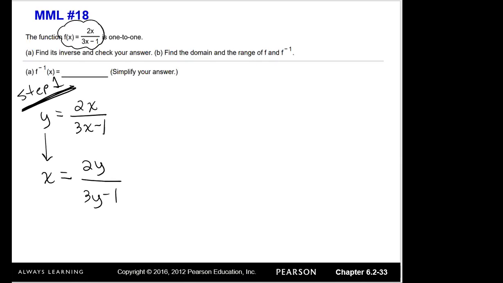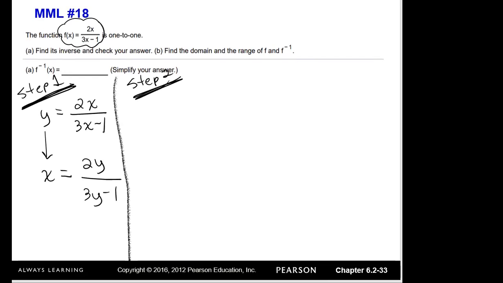All right. Now, step 2 is solve for y. Okay, well, I have got a fraction, so I'm going to clear it out first.